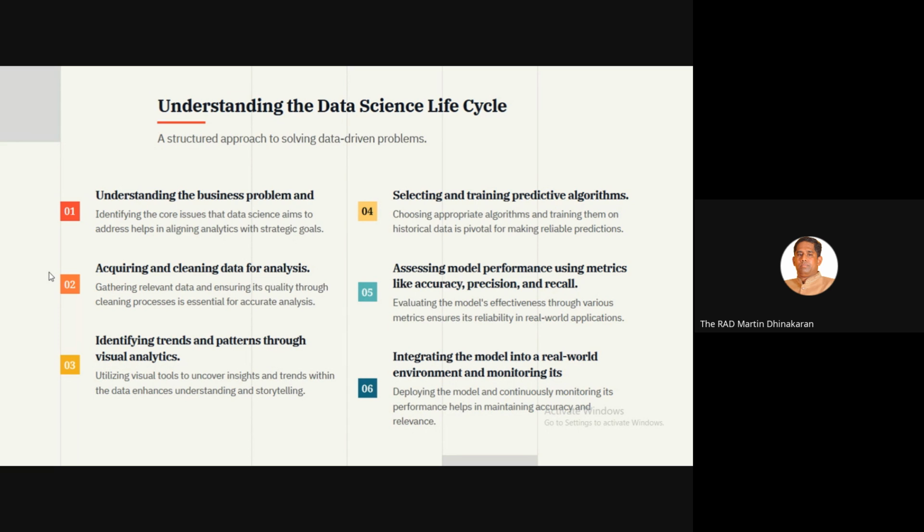Third is identifying trends and patterns through visual analytics. By the visual tools, we uncover the insights and trends within the data, which enhances understanding and storytelling. We have to identify the trends in data science. For example, when you take the costume example, it is changing every day. Similarly, we who work in institutions can see the differences in costumes among the students, the different trends, the different patterns.